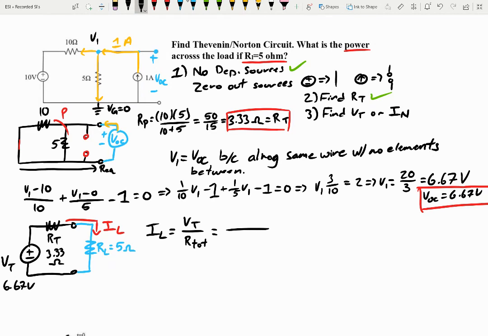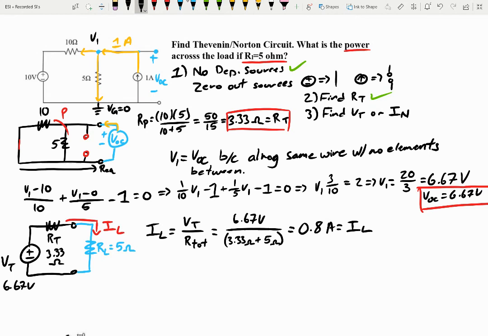So it'll be 6.67 volts over 3.33 ohms plus 5 ohms. Okay. And what will that give us? Looks like that gives us 0.8 amps for I load. All right.